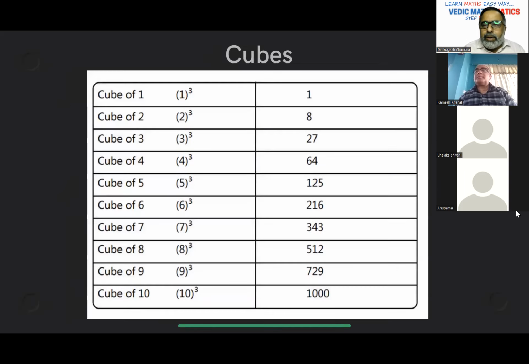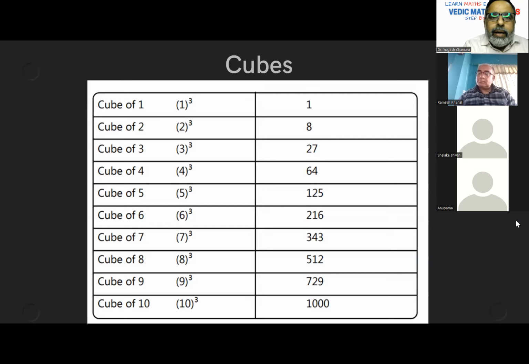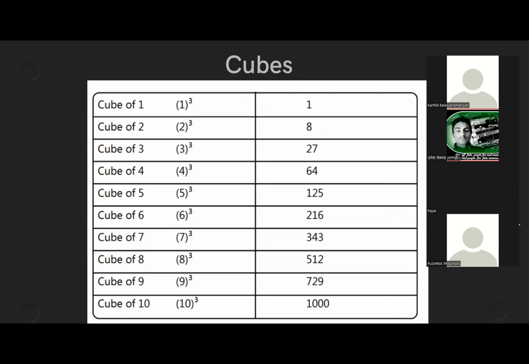No, sir. Okay, so let's come to cubes then. So what is a cube? Like square is a number multiplied by itself, cube is represented like n raised to power 3.